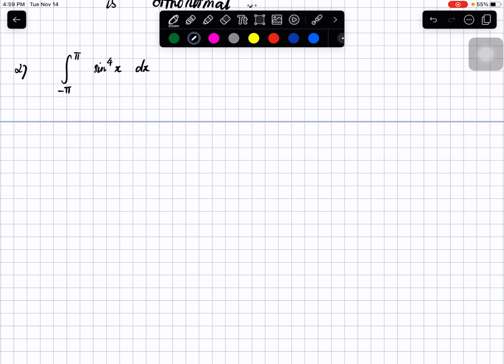So first recall that we will use trigonometry: sine square of x can be written as 1 minus cosine 2x over 2.